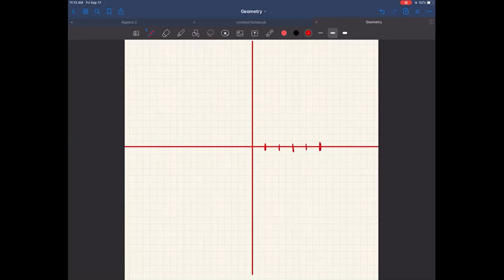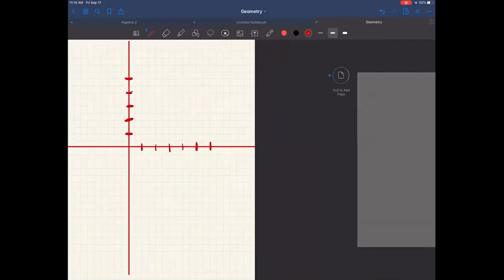Because wait till you see the triangle. Wait till you see the triangle. All right, I'm just kind of getting this together. I'm skipping 1 so it's bigger for you guys, but it's going to be 1, 2, 3, 4, 2, 3, 4, 5, 6, whatever. So I'm going to use the points, and I need another page.